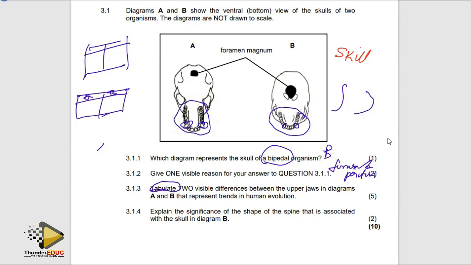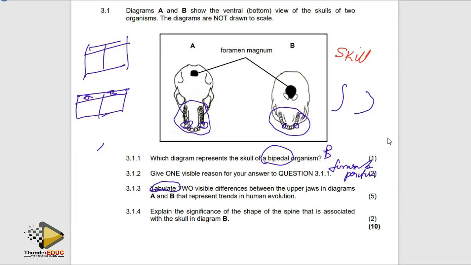Number 2, this one has a rectangular palate. Here, it has a U palate, like a C or a U palate. Here, it is a rectangular palate. Those are some of the differences you can talk about because they are talking about the jaws. The jaws are U-shaped here.